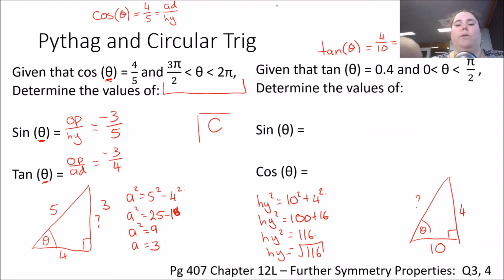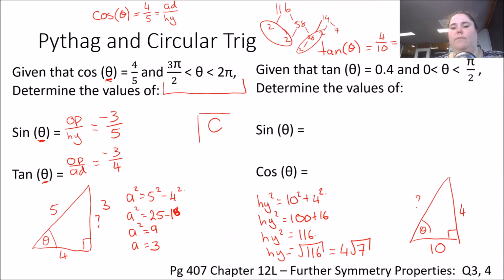So remember, we can use our factor trees to do that. 116 to 58 to 28... Oh, my tree is going to just kind of branch this way. 2 and 14, 2 and 7. So that's going to equal 4 root 7. Okay, so now I know the hypotenuse.